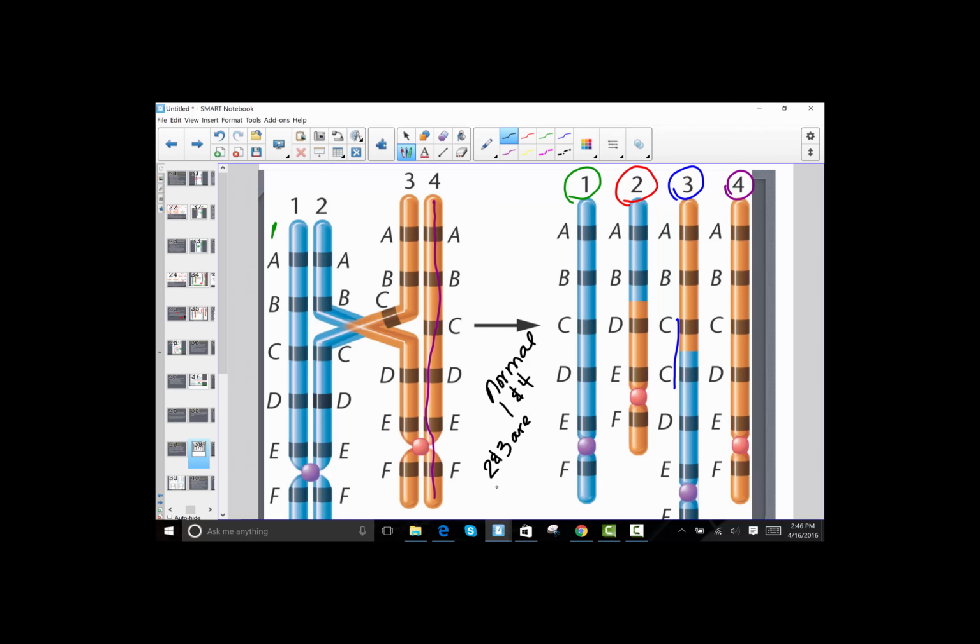So we have a deletion, a loss of C on 2, and we have a duplication of C on 3. So those are abnormal chromosomes. So this is actually how these types of mutations occur. So this is a duplication and a deletion as a result of crossing over error.